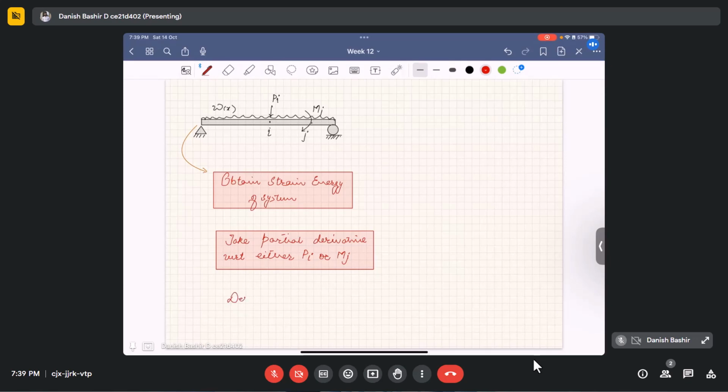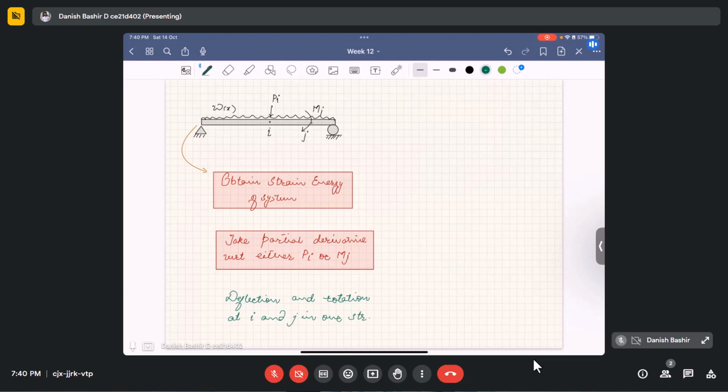So we are getting a result, and we will get deflection and rotation at i and j in our structure.